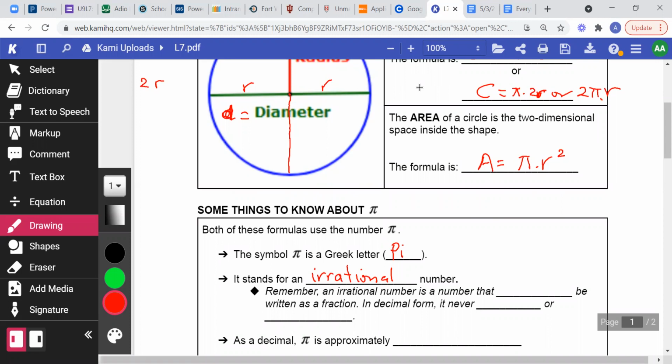It's just a number that cannot be written as a fraction, which means in decimal form, it's never ending. It will never end or repeat.